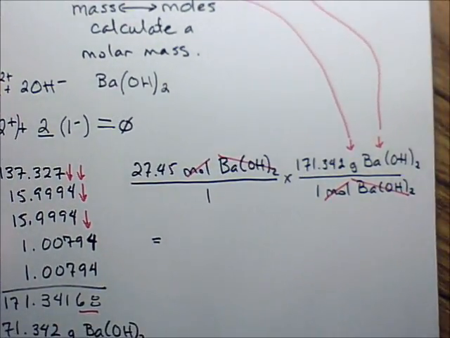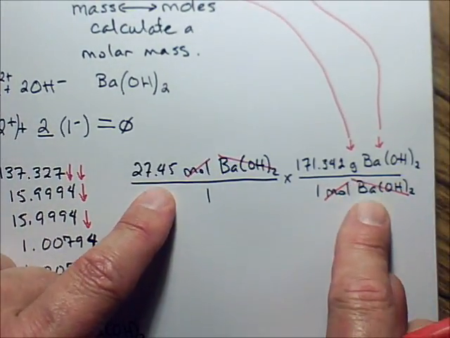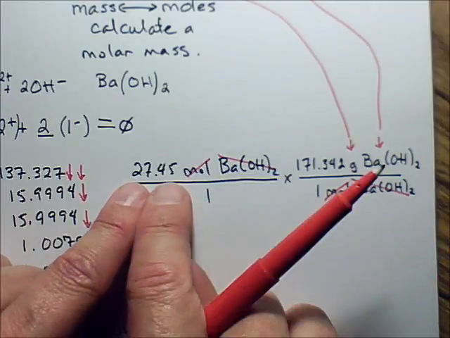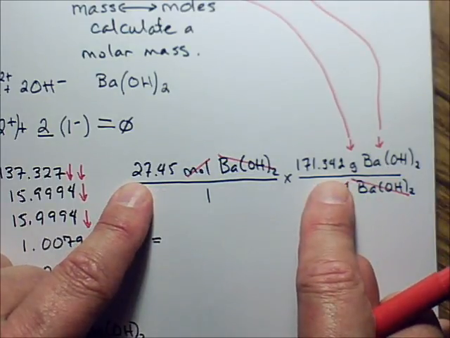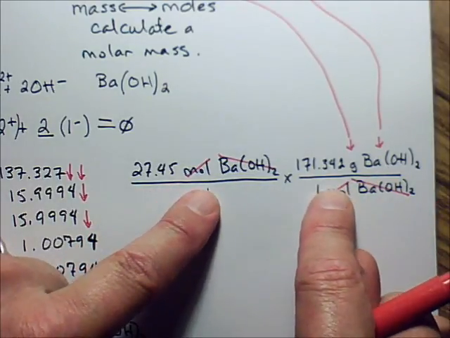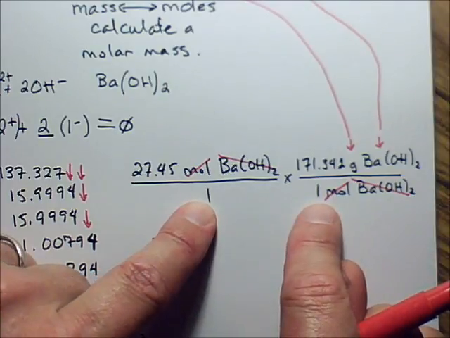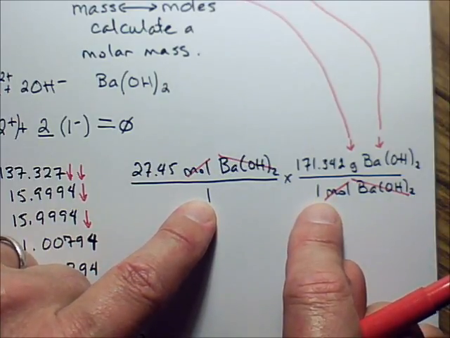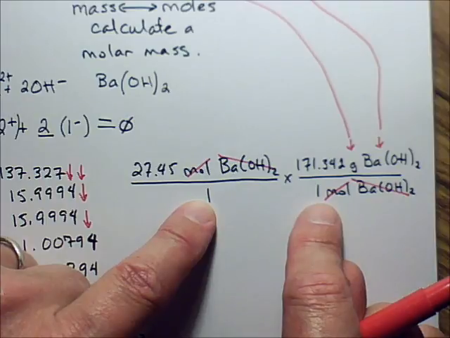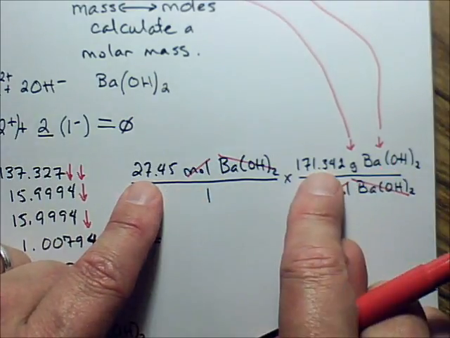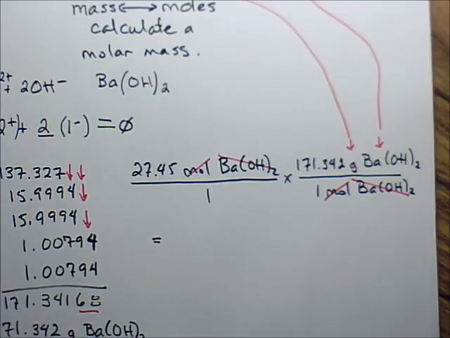Okay? So now you're ready to put this math in your calculator. This number times this number. Since these numbers are on the top, we don't have to divide by 1. That's the same answer. All right? Anytime you divide by 1, you get the same answer you started with. So all we have to do is multiply those two numbers. Has anybody done that already? Yeah. Okay? Well, if you haven't, get out your calculator and do it.